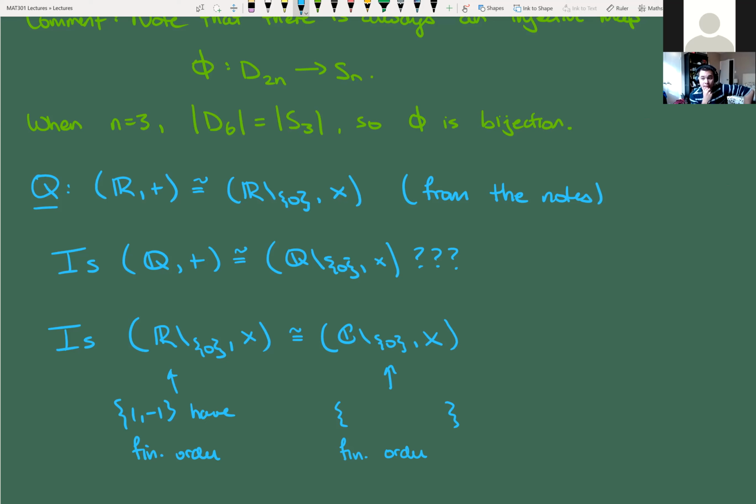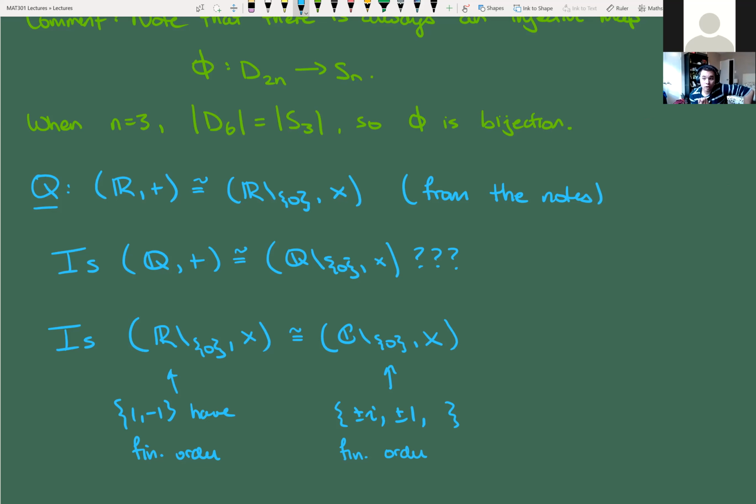But can someone tell me one? For two groups to be isomorphic, they need to have the same cardinality. Oh, so Justin, R and C actually do have the same cardinality. So Dres, is that -i? Is that what you chose? Yeah, plus and minus i are in here. Obviously, plus and minus 1 are also in here. And there are a lot more things.